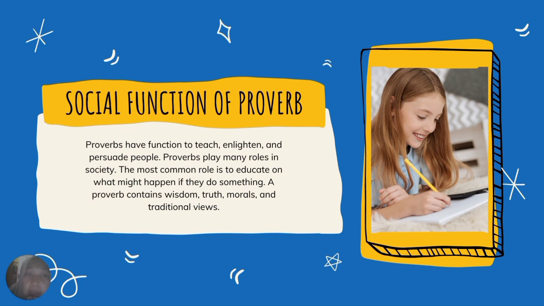The most common role is to educate on what might happen if they do something. A proverb contains wisdom, truth, morals, and traditional views. Okay, do you all get it? Let's go to the next part.